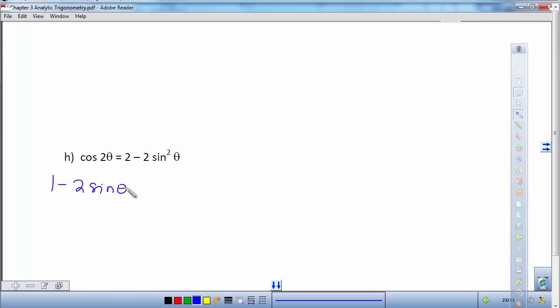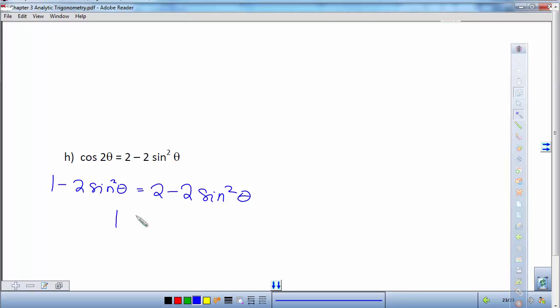What is it? 1 minus 2 sine squared theta equals 2 minus 2 sine squared theta. Okay? Well, let's say I try to bring the sine squares to the same side. So let's say I add 2 sine squared theta to both sides. Well, when I do, I get what?